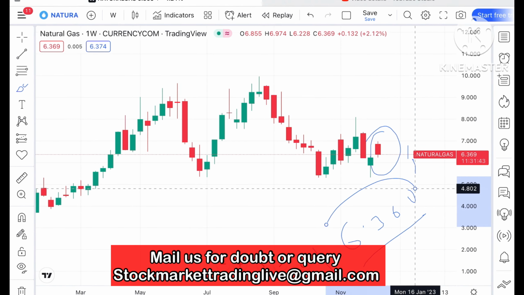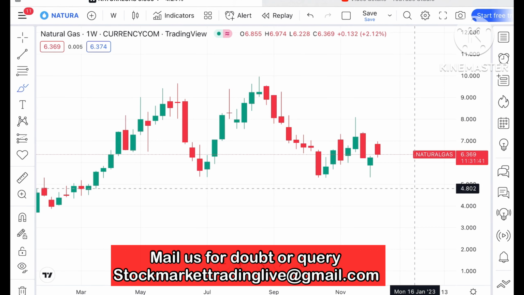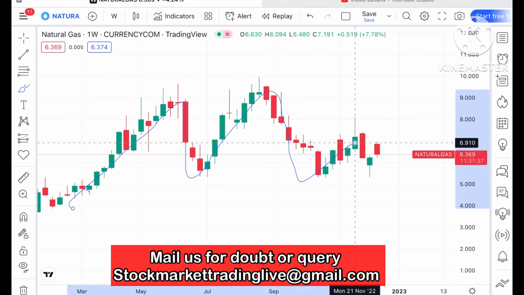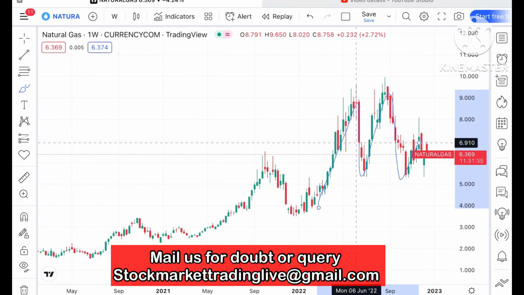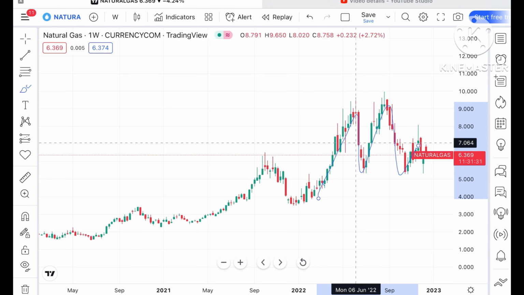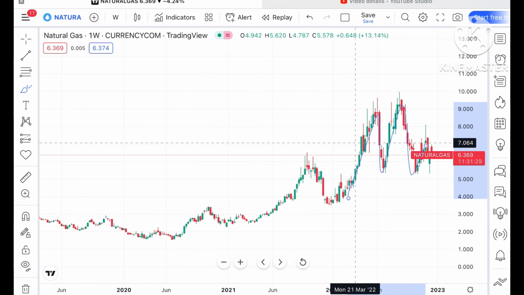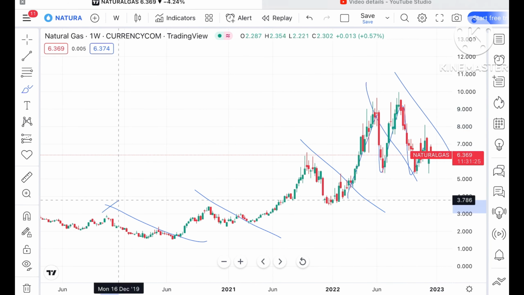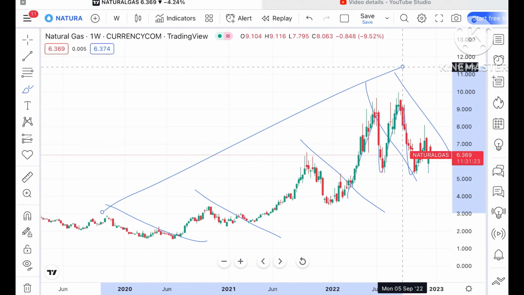If you look at natural gas after March 2022, we have seen quite huge volatility in its price. One more important thing you have to understand is that there is a pattern forming in natural gas: whenever it goes high, a sharp fall comes, and this has been repeated for the fifth time continuously.